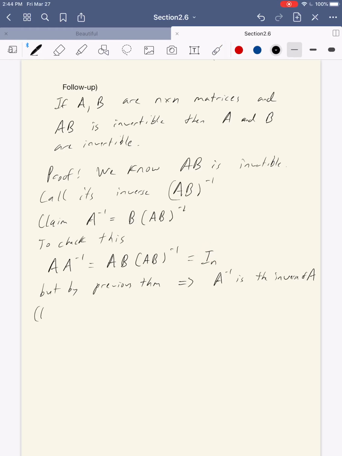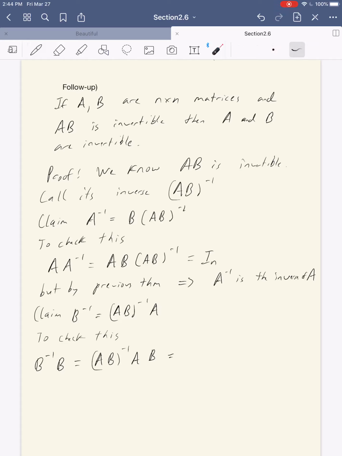Okay, let's claim that B inverse is going to be (AB) inverse times A. So to check this, we'll go ahead and use B inverse times B, and that would become (AB) inverse times A and then B. And then, of course, you can see that this is the inverse of this right here.